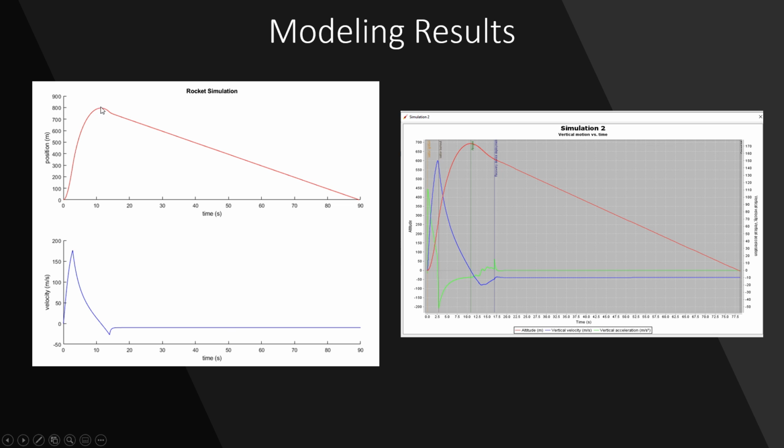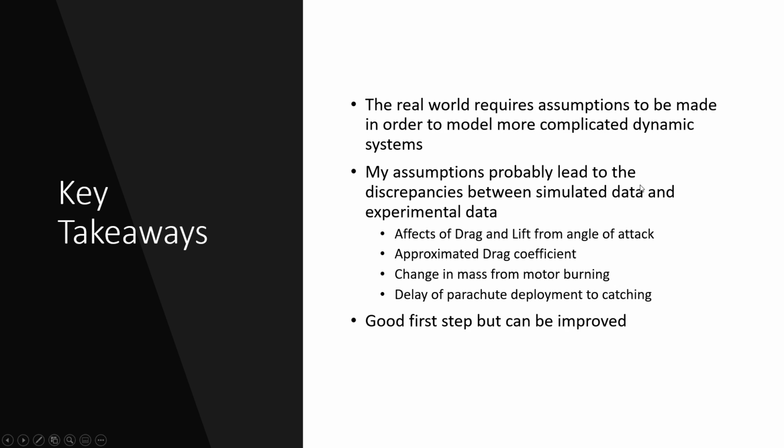Another discrepancy is the max apogee and max velocity. So I would probably equate all these to the oversimplification that I most likely did, having to remove lift from the equation, also the approximated drag coefficient, as well as the motor change in mass as it burns, and, as I mentioned, that delay in the parachute deployment.